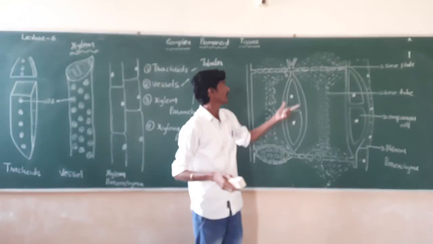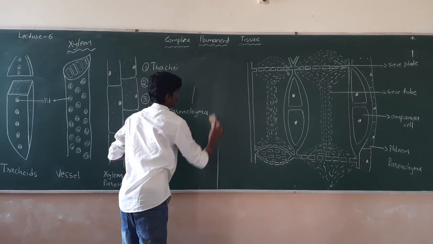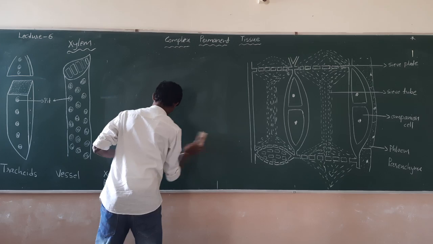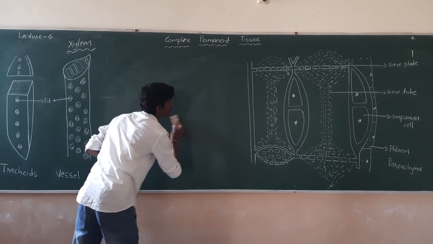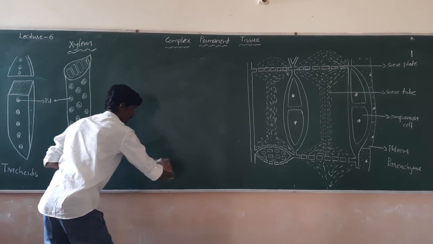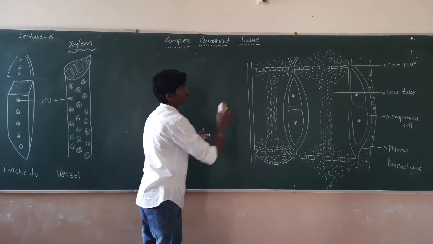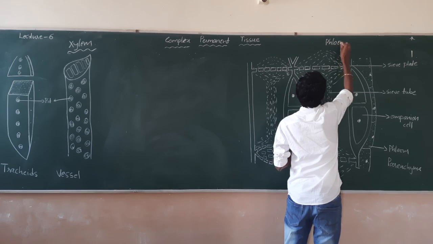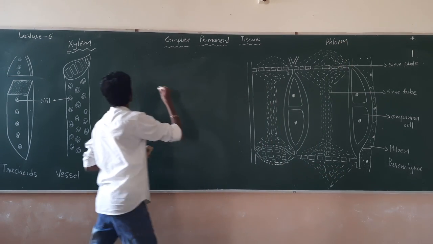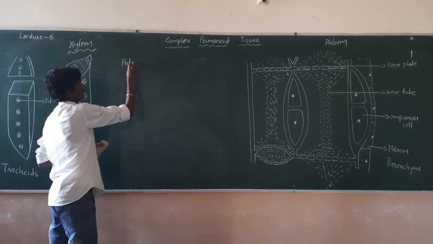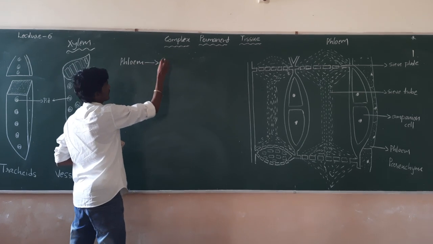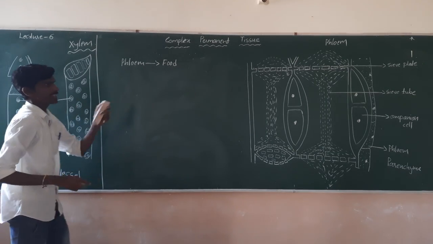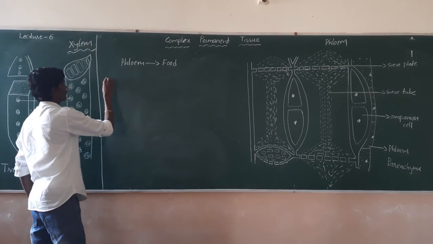The next one, the phloem. This is the phloem. It's a conducting tissue. It's a food conducting tissue. Phloem is a food conducting tissue. This also has 4 elements.